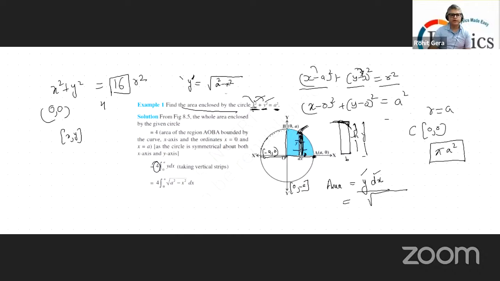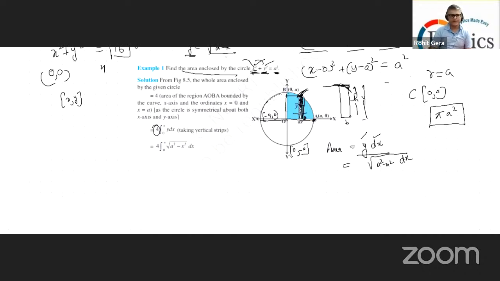If you take it towards the left, the y coordinate of this point is the height. And I know any point on the circle, the y coordinate can be written like this from the equation of a circle. Agreed. So I'm writing under root of a square minus x square into dx.